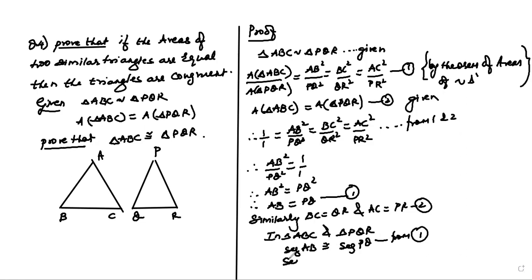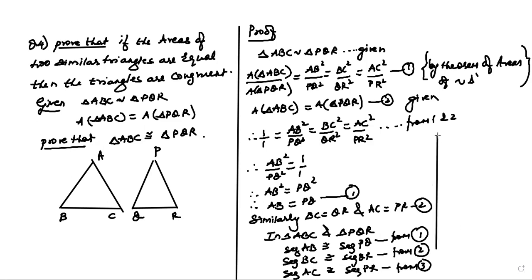Segment BC is congruent to segment QR, from 2. Segment AC is congruent to segment PR, from 3. Therefore, triangle ABC is congruent to triangle PQR.